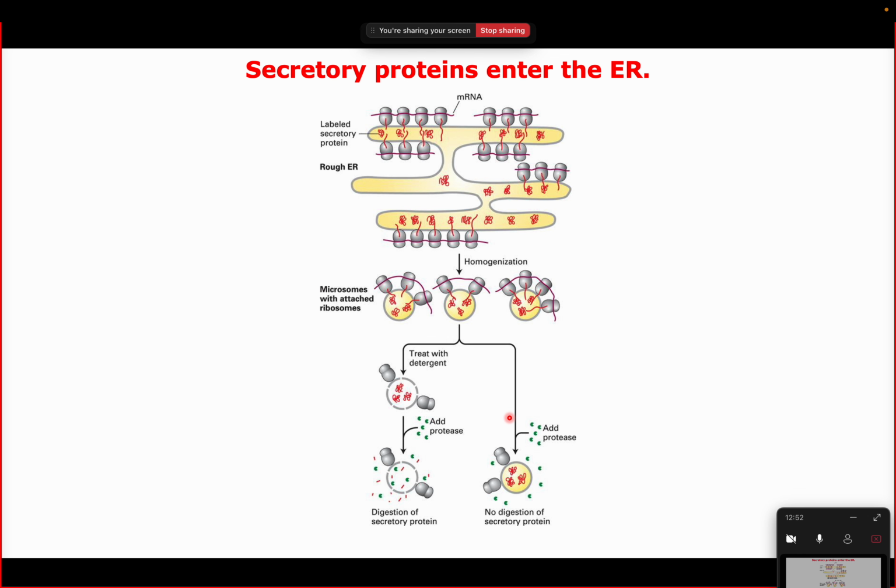Proteases won't be able to enter inside the membrane, and hence you won't get any degraded or digested protein, correct? So this is the culmination of years and years of work, and it showed us that proteins are actually transported within the cell inside the vesicles.